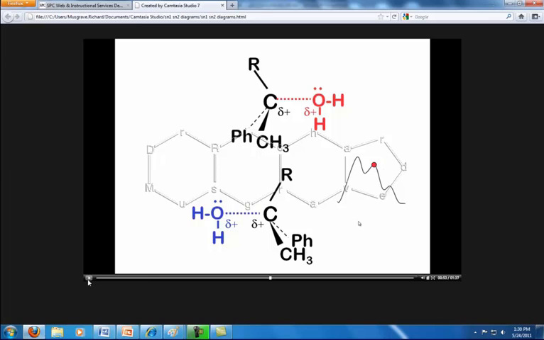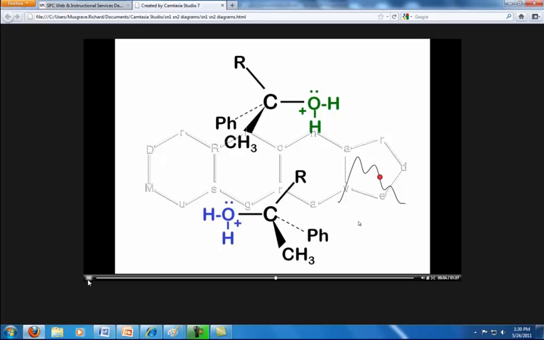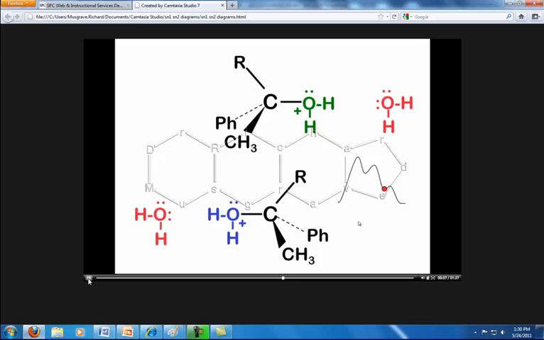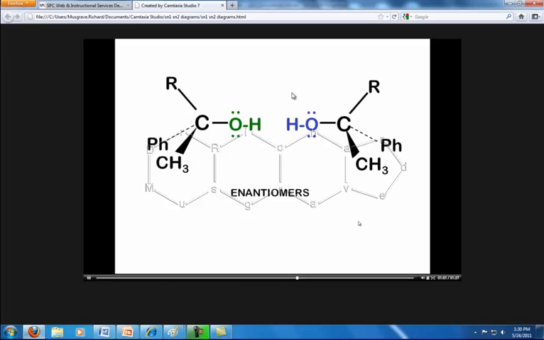Now the O has completely joined onto the C, and we've got our product. Don't worry about the rest of this, it'll just form the product that we're going to get at the end, which are these two, which happen to be enantiomers.